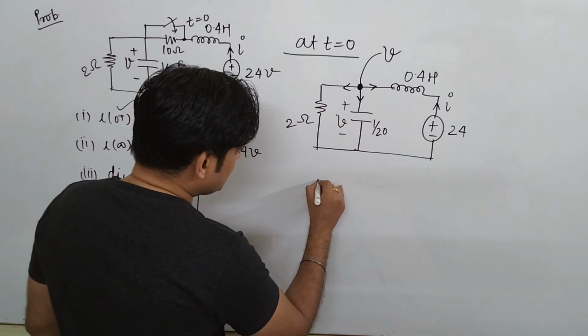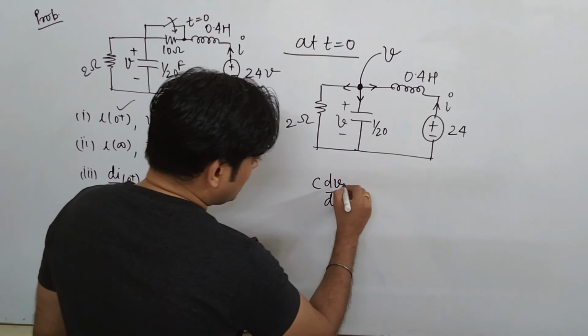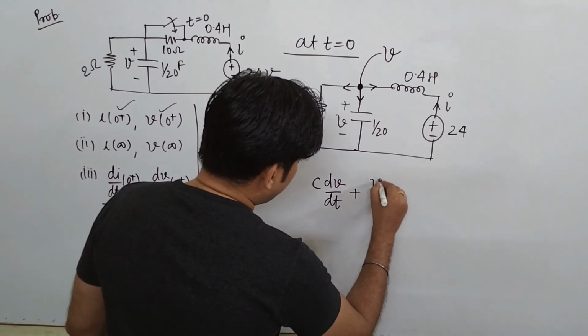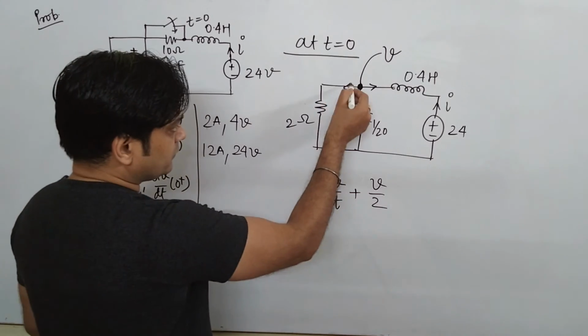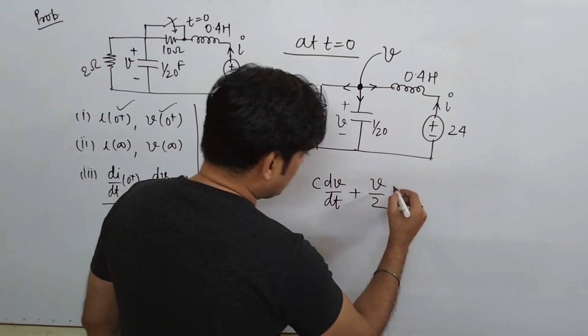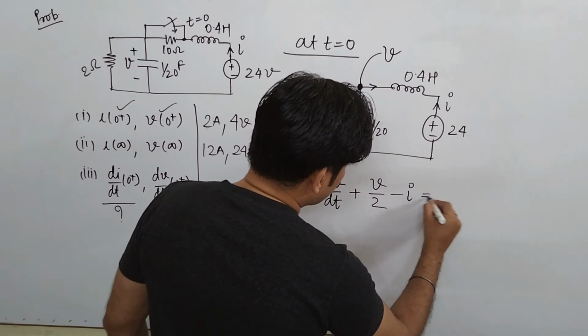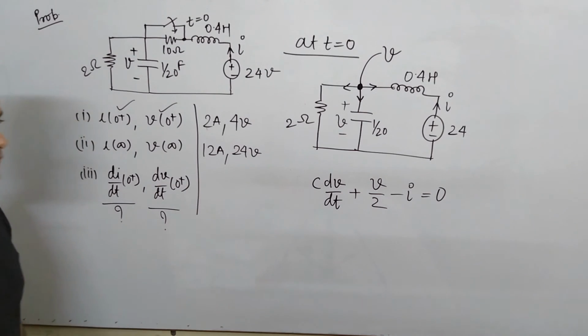So you can say that it is C dV by dt, plus V by 2, this current, and the current which is coming here is already coming here. So you can say that it is minus I is equal to 0. Yes?